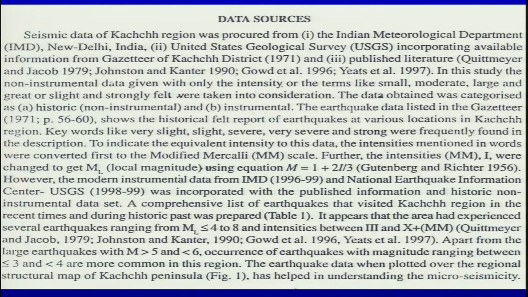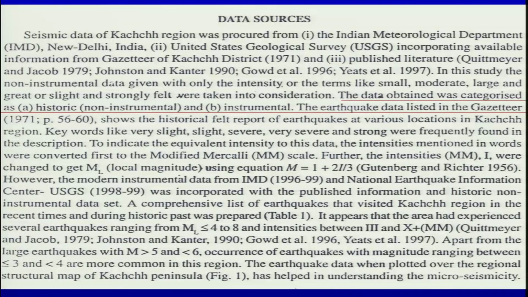So in the previous slide I was showing that terms like slight and very severe were assigned a modified Mercalli scale value, whether it is intensity 3, or 4, or 8. Then the modified Mercalli intensity I was changed to ML, that is, local magnitude, using the relationship given by Gutenberg and Richter in 1956.